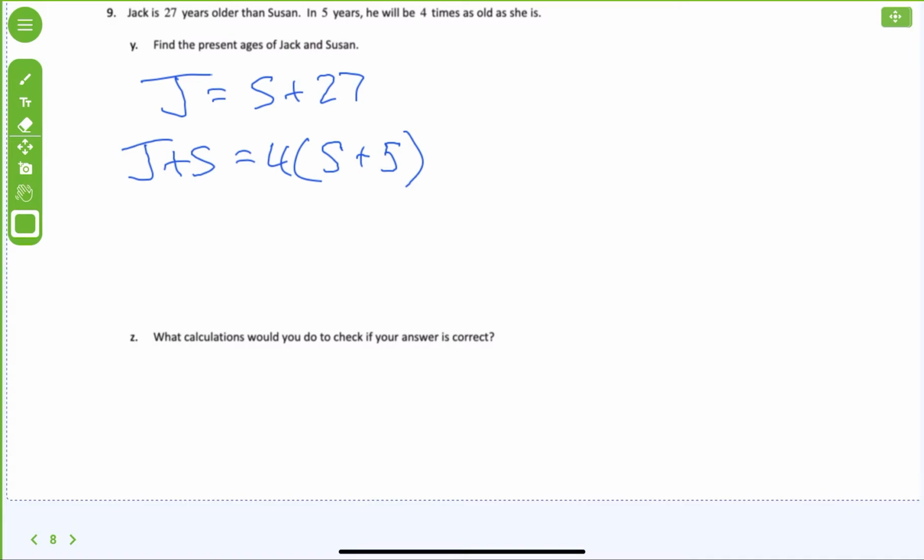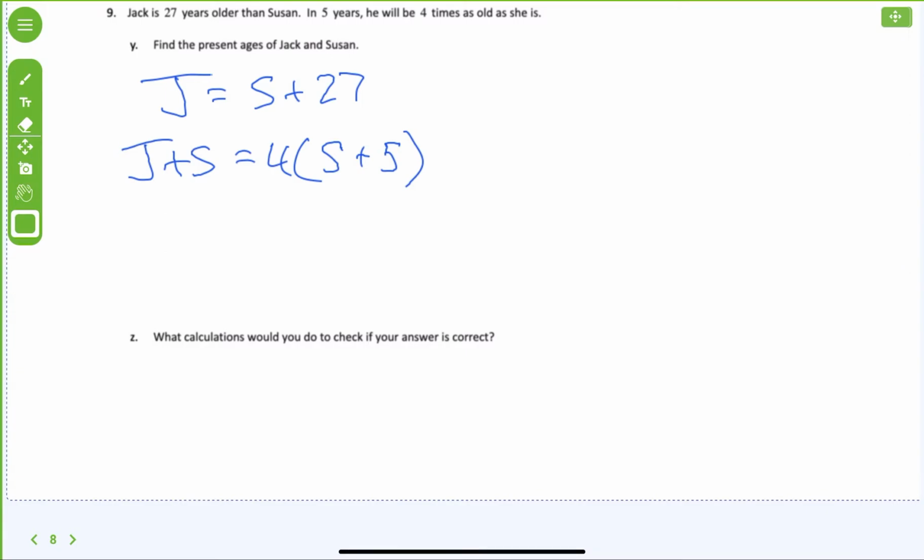Okay? Find the present ages of Jack and Susan. So Jack and Susan is equal to 4 times Susan plus 5 years. Now, once again, you're going to have to solve for one of these equations here.